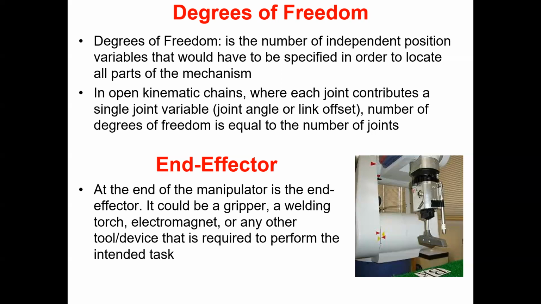So the first link is actually the upper torso. The second link is the upper arm. The third link is the forearm. After the forearm, it is the end effector, which is the hand.